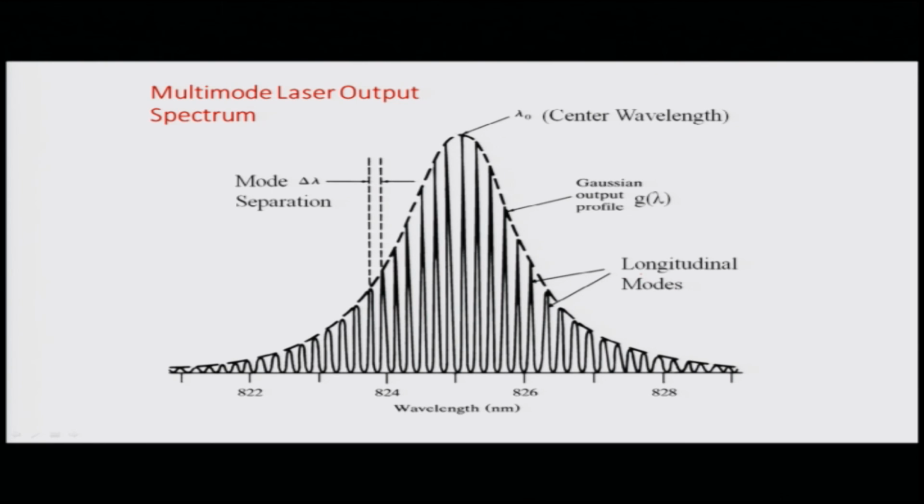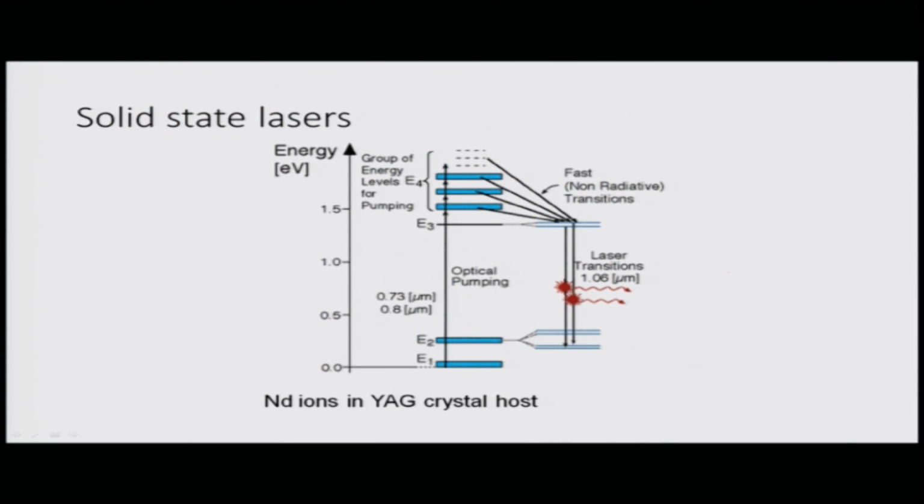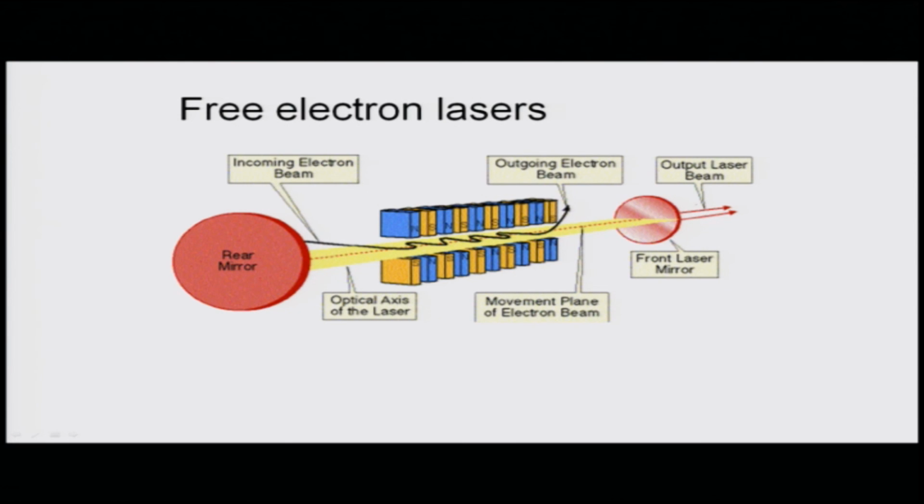So, most of the lasers that we have talked about have multi-mode laser output, where there are mode separations, a central wavelength, and the typical Gaussian output, but then there are these longitudinal modes, and this is a typical laser output, and this is the energy diagram again. We have already gone through this.